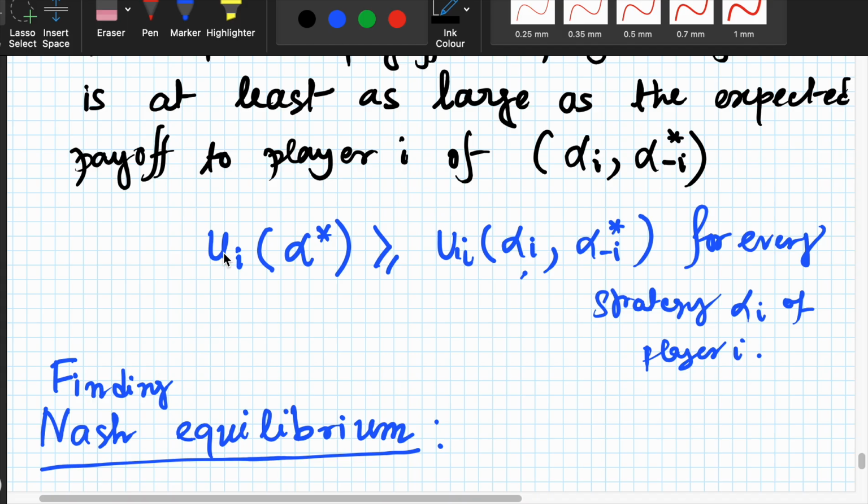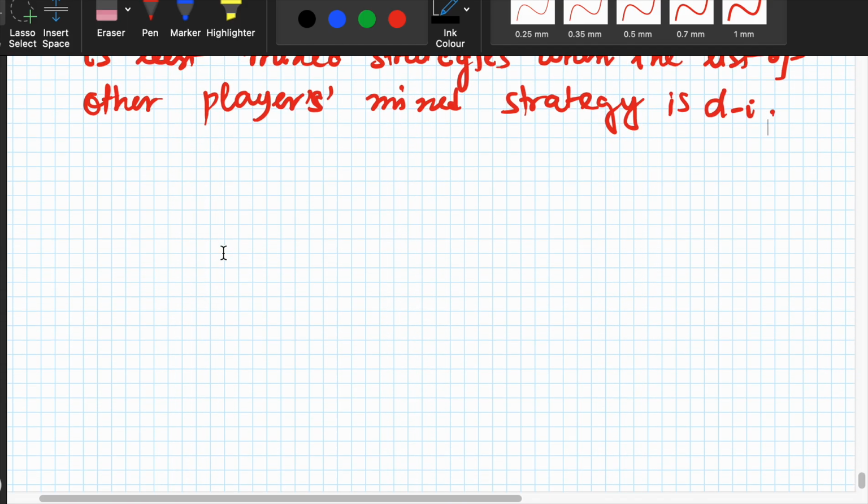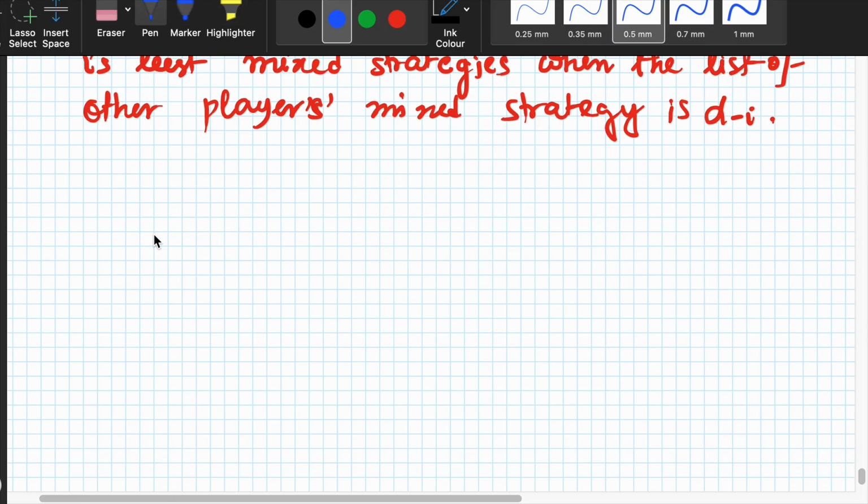Now in both the pure strategy and mixed strategy Nash equilibrium, you will find one thing: if alpha_i star is the strategy prescribed for individual i in the Nash equilibrium, then alpha_i star has to be a best response against all the other strategies. Why?